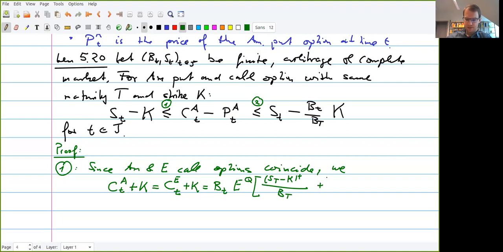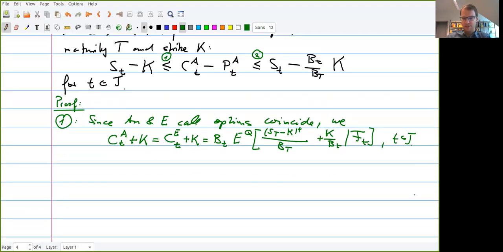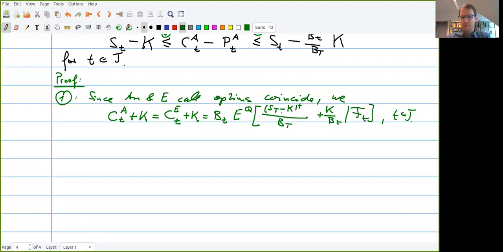And the K, I don't need to discount, but I have added a 1, multiplied with 1, so I didn't change anything.